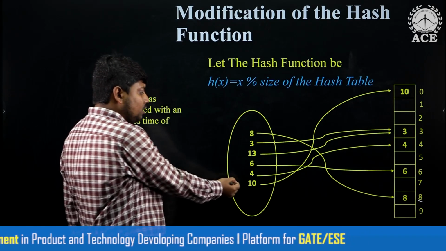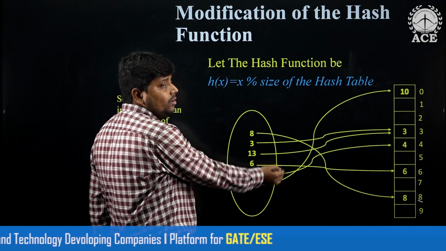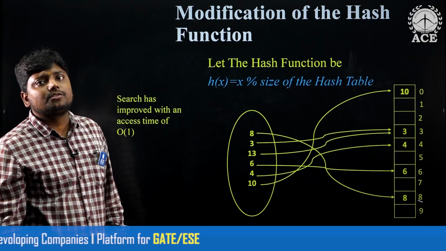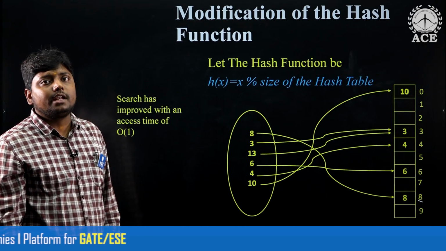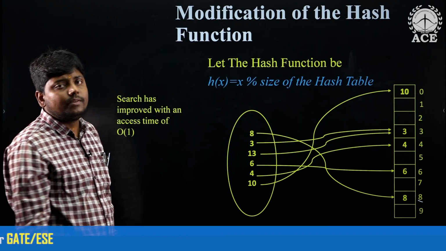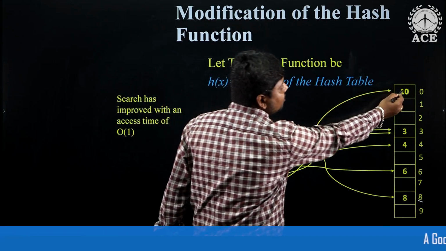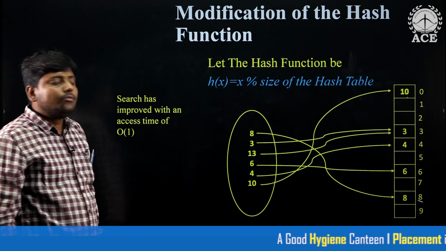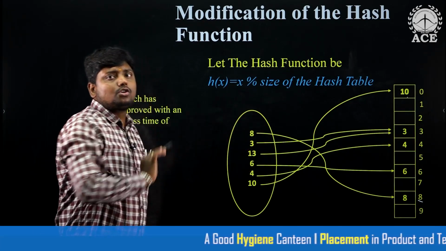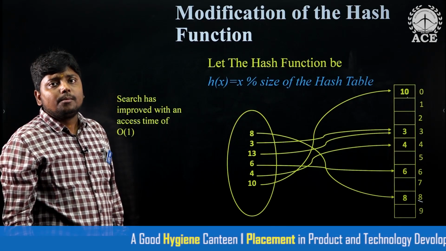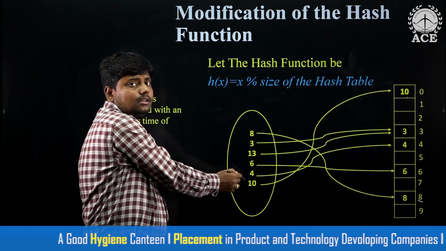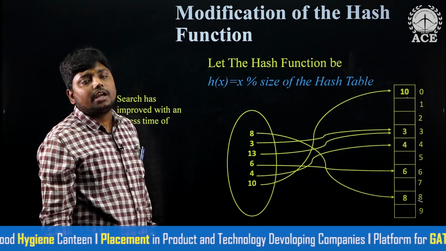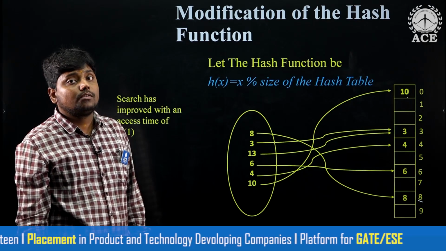Similarly, if we want to search 10, we will search 10 at the index value 10 mod 10. 10 mod 10 is 0. So we will look at index value 0 and we will find 10 here. It means that we did not traverse the whole hash table, but we found the element which we wanted to search in constant time, order of 1.